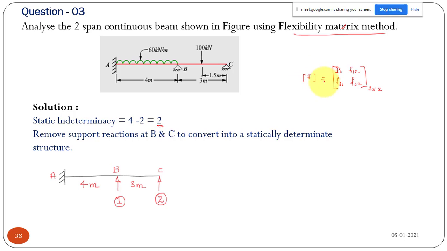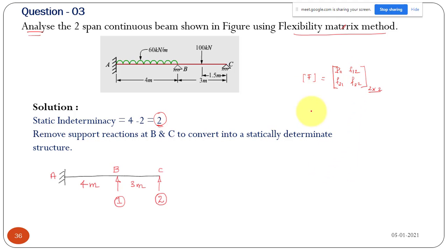Because the degree of static indeterminacy is 2, this is a 2 by 2 matrix. Here we are defining the coordinate, direction and numbering. The first step is to develop the flexibility matrix, and that part is the same as the previous two examples.